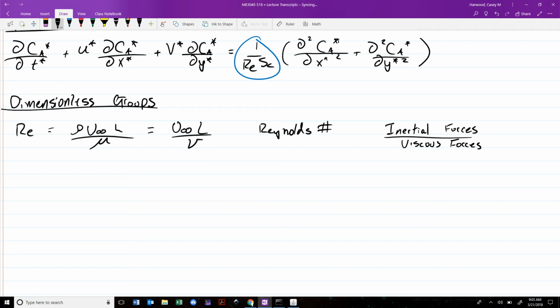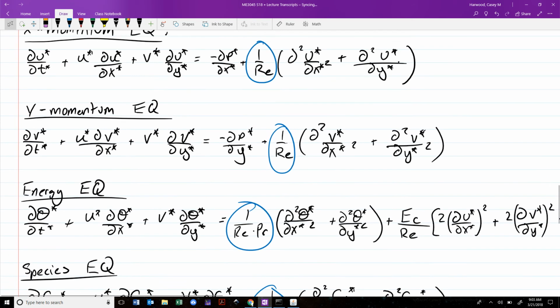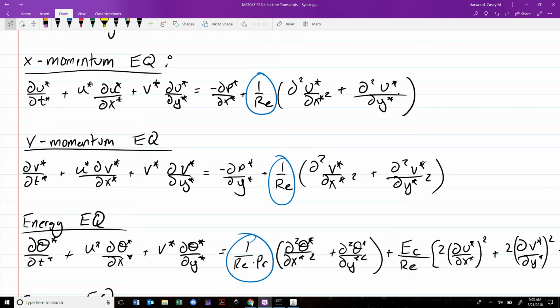So for infinite Reynolds number, for example, if we look up at our x and y momentum equations, that means that these terms, our viscous dissipation terms, go to zero. That simplifies our problem significantly and means that our flow would be governed by the temporal rate of change and the convective rates of change, but no longer by this viscous dissipation.